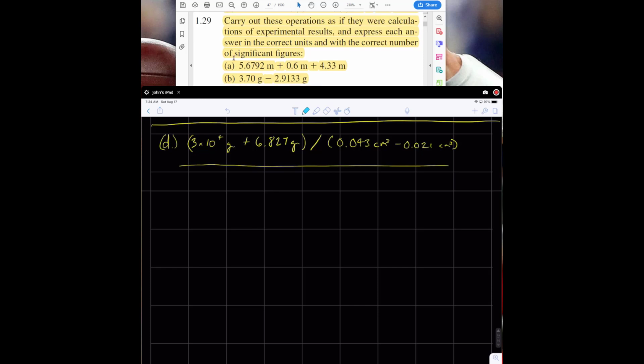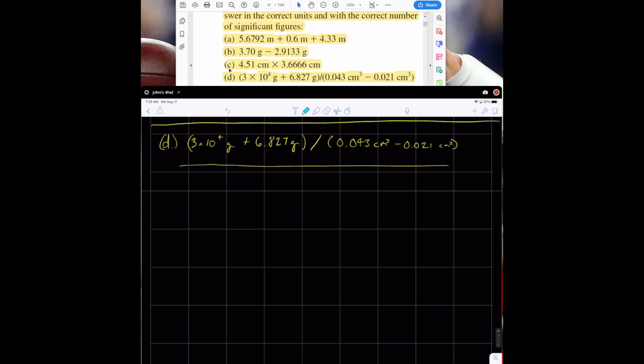Alright, part D, this is the last part of this question here, question 29. So we have to identify the operations here. We have an addition, a division, and a subtraction. So here's our numerator and here's our denominator.